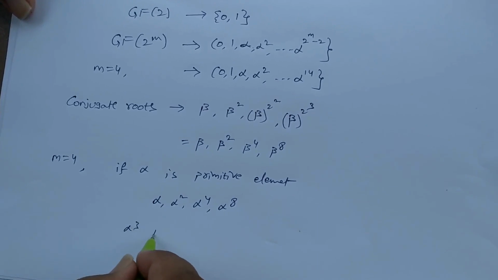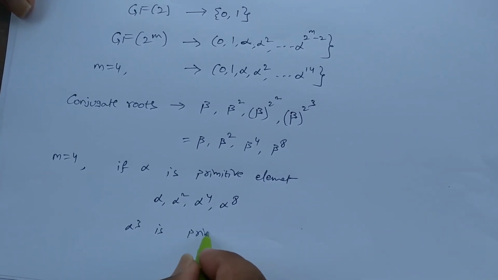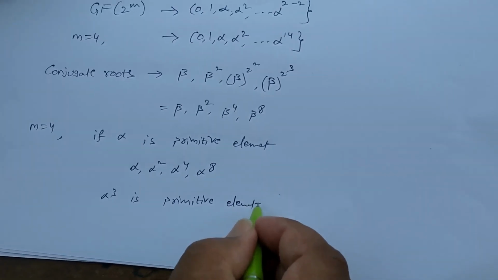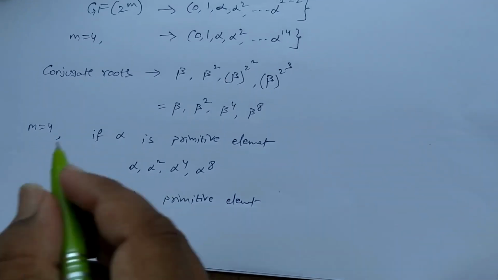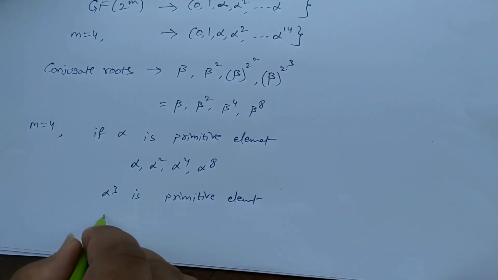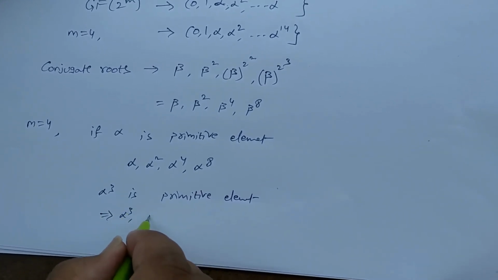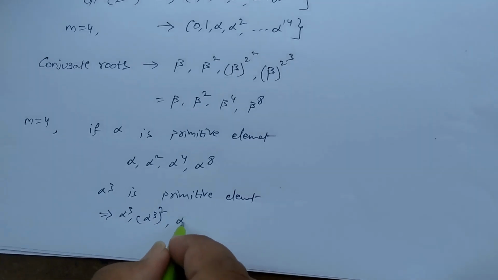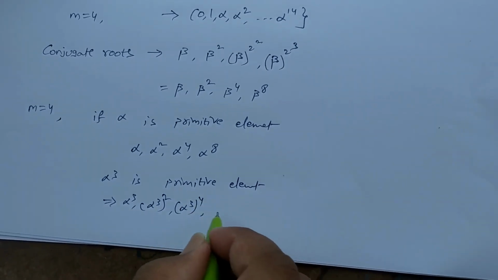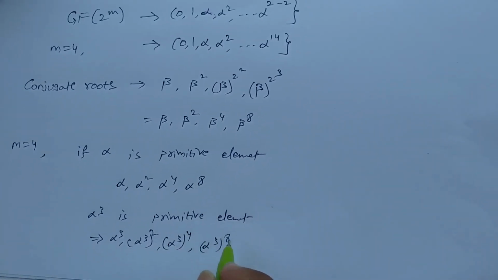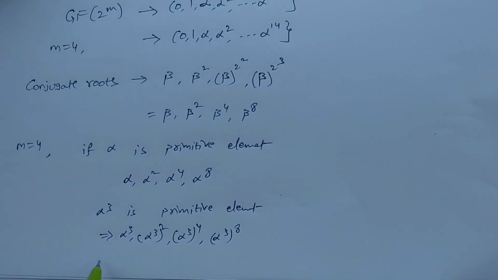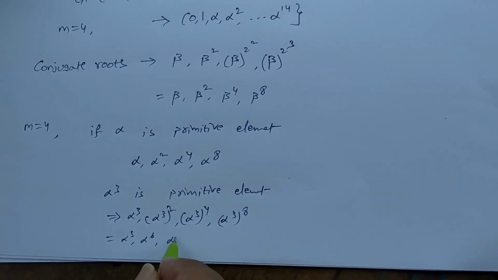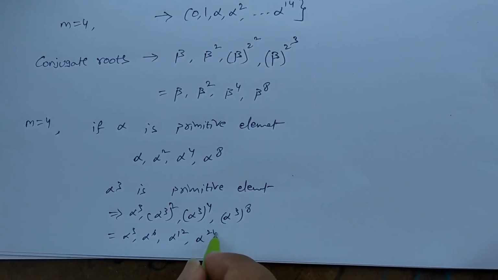If alpha cube is the element, you have to replace beta by alpha cube. The elements are alpha cube whole square, alpha cube whole power 4, alpha cube whole power 8. The elements simplify to alpha cube, alpha power 6, alpha power 12, alpha power 24.